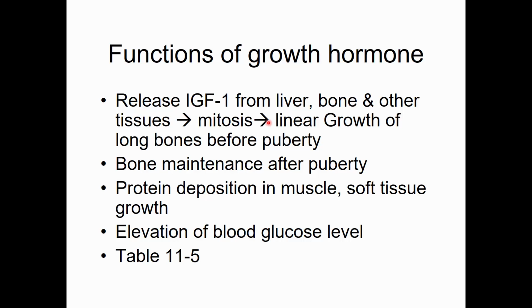Liver cells, lung cells, all kinds of cells are going to divide and grow, so a child can become a bigger person. As a person is getting taller, we call that linear growth, and that's going to happen before puberty. During puberty, kids are going to have a growth spurt, then their growth levels off, and then they reach their adult height. After puberty, then growth hormone is maintaining bone.